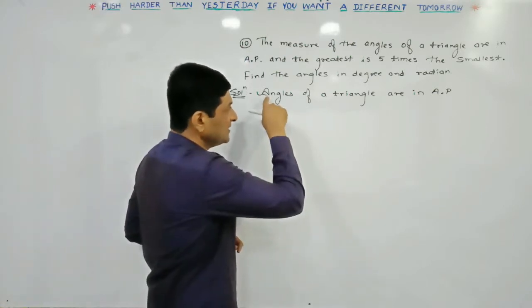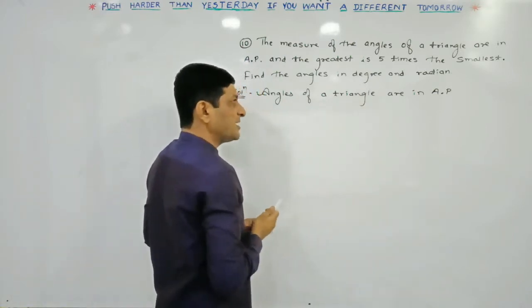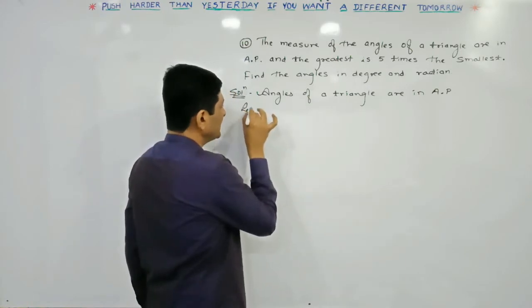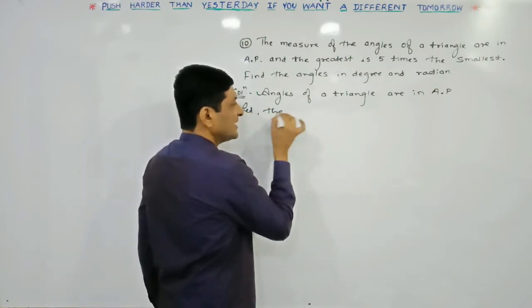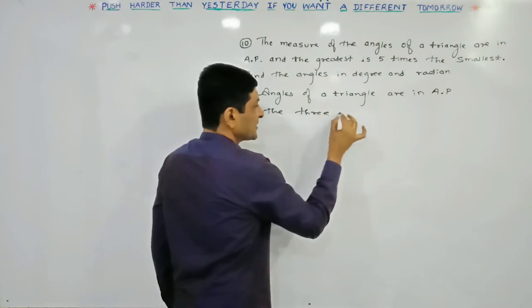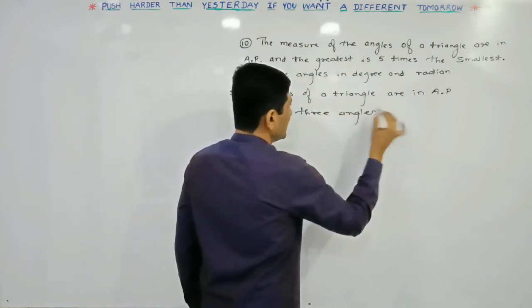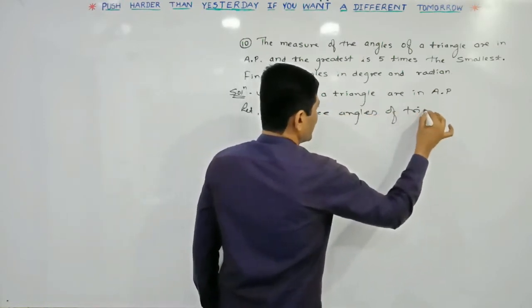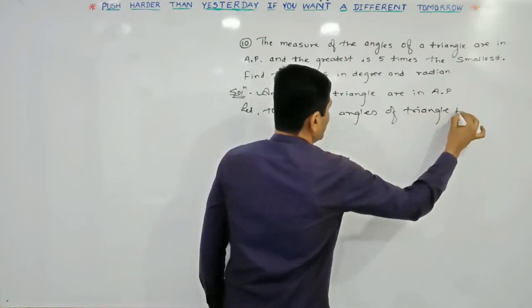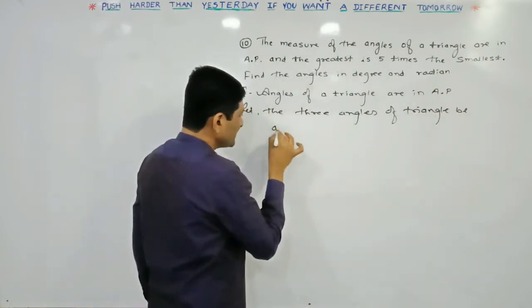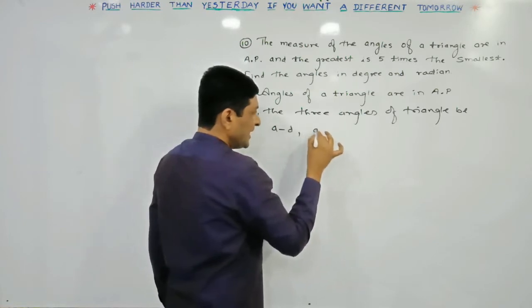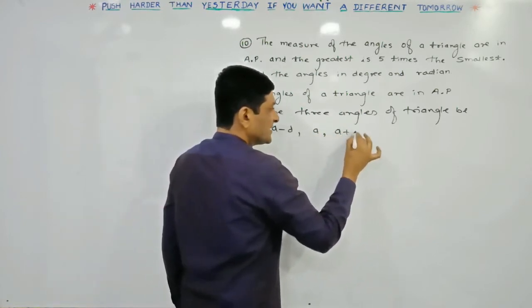Already you have studied these things in the 10th standard. So here we have written that the angles of a triangle are in arithmetic progression. So let the three angles of the triangle be a minus d, a and a plus d.